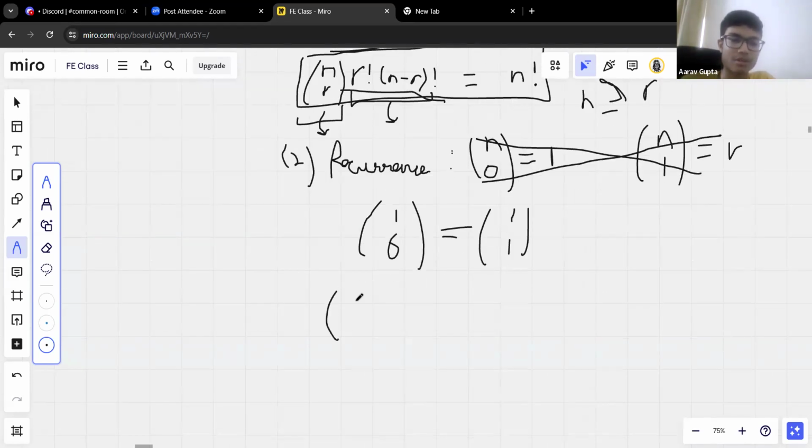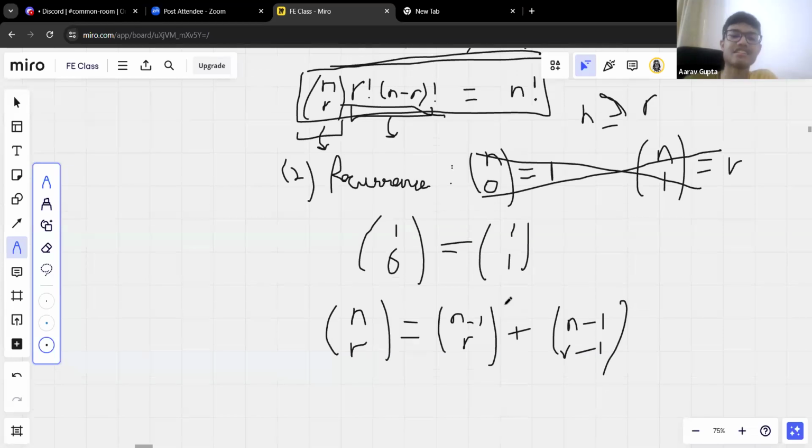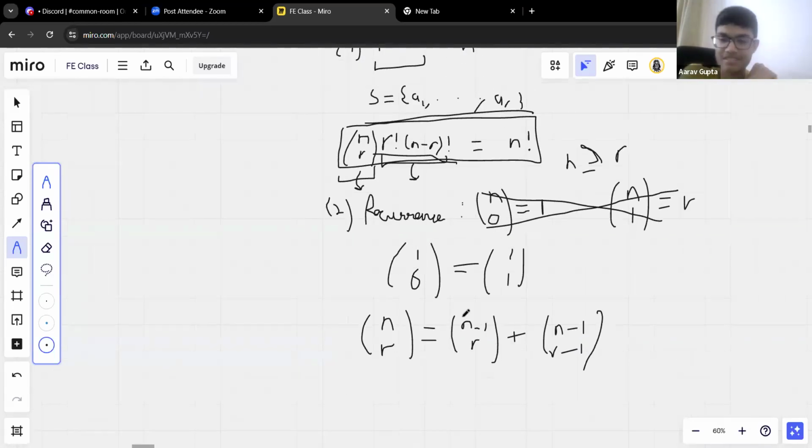Then you want to prove that n choose r is equal to n minus 1 choose r plus n minus 1 choose r minus 1. After this, you can just do algebra, which I will leave up to you.